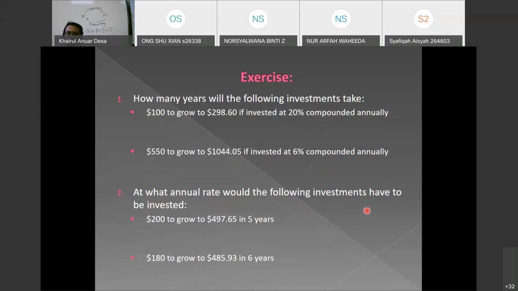And find the rate at which the following investments have to be invested: 200 to grow to 497.65 in 5 years, and 180 to grow to 485.93 in 6 years. Okay, mari kita sama-sama jawab soalan yang pertama di sini.